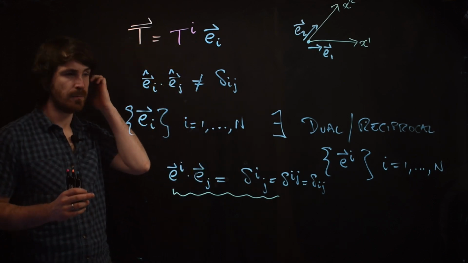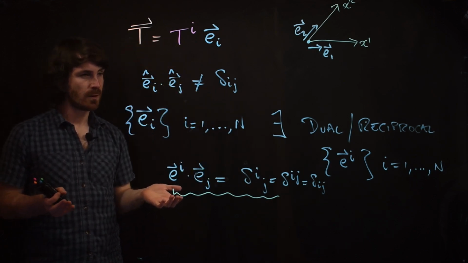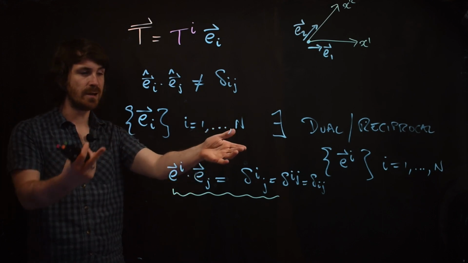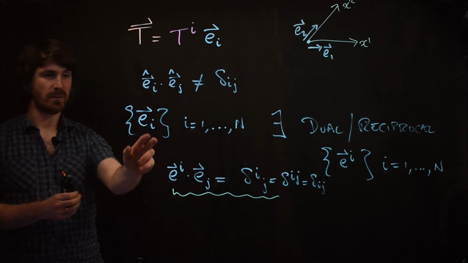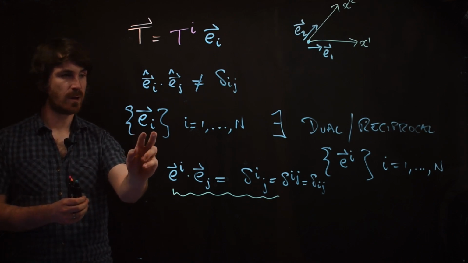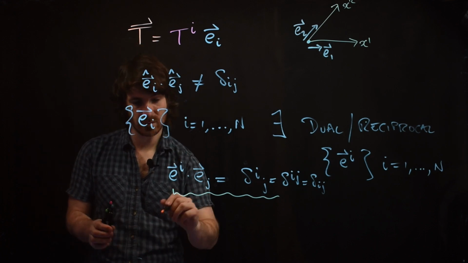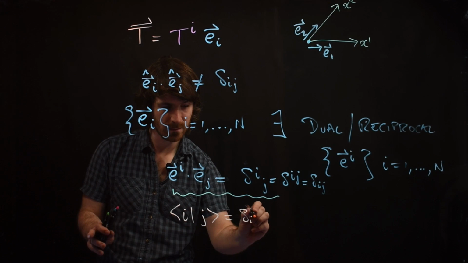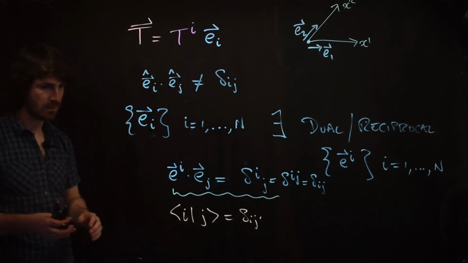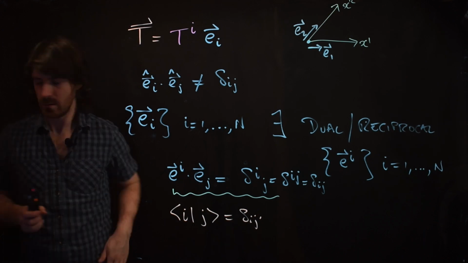If you've done some quantum mechanics, this is basically a linear algebra problem, but you can think about these as your bras and these as your kets, and you'll have an expression like the bra-ket of i and j is delta_ij. So it's analogous, if not exactly the same.